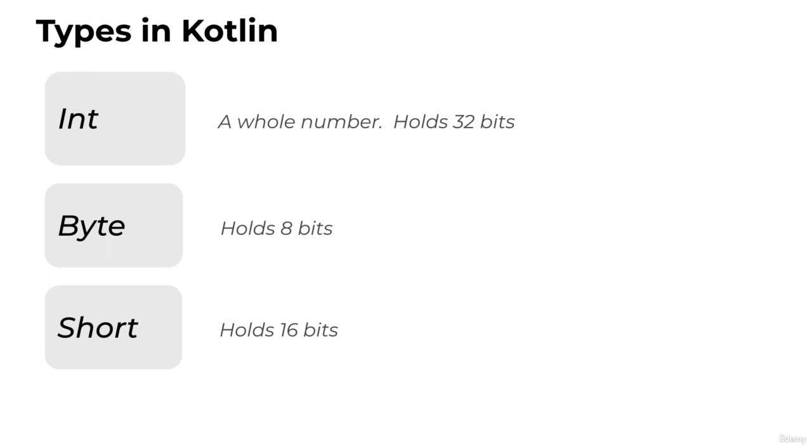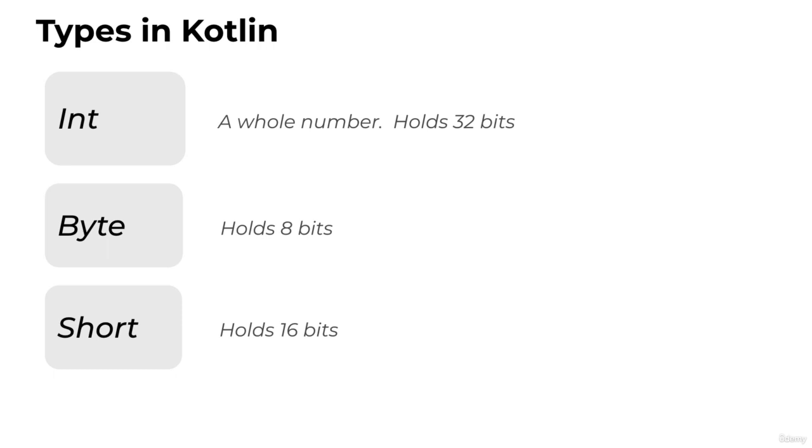That's important because when we talk about types in Kotlin, the basic types are int, byte, and short. And an integer, as we've seen before, we can use it for a whole number. So an int is a whole number, and the int type can hold 32 bits. So that's a lot of data, a lot of information, okay? Now, if we want something that is a little bit smaller, we would use a byte.